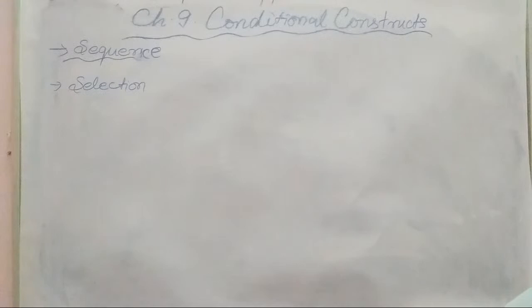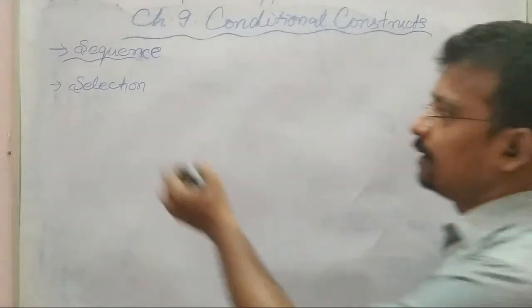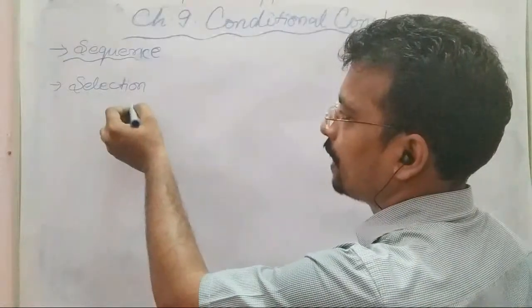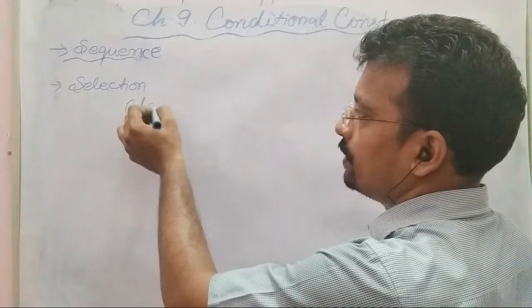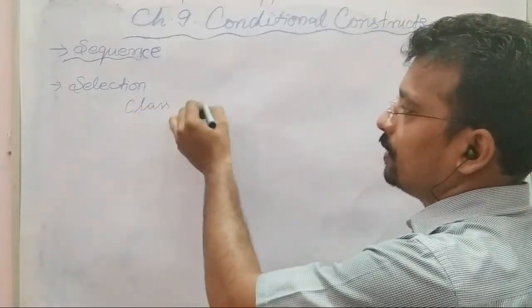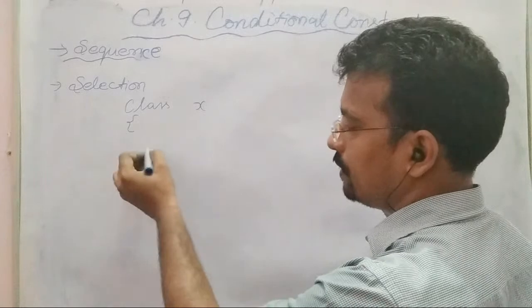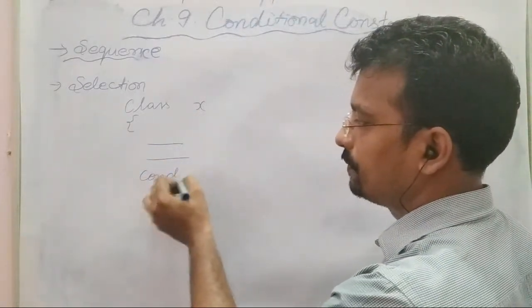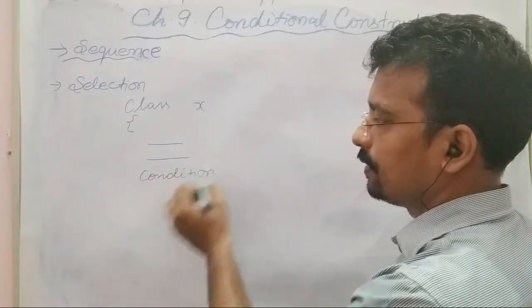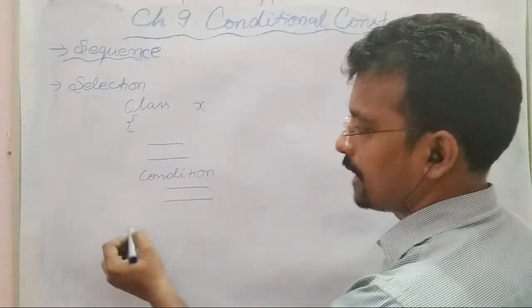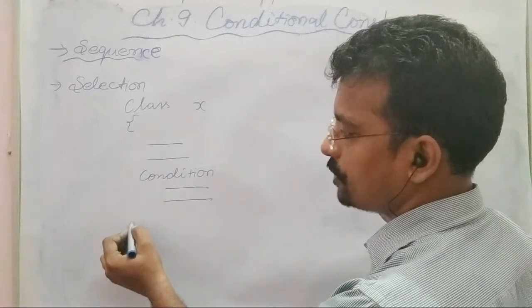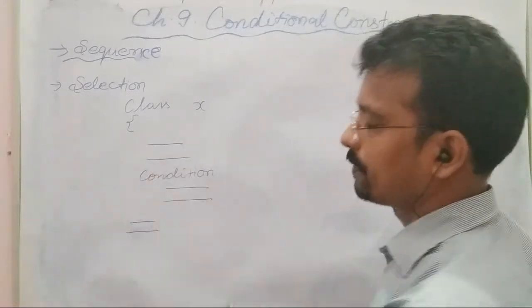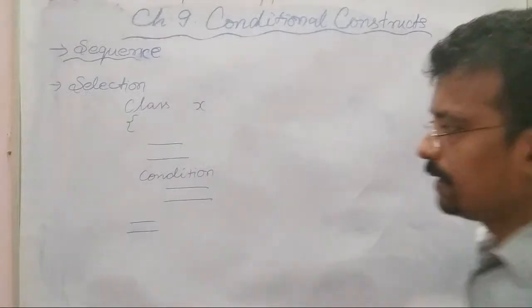For example, if I am taking a program, I show you. This is one statement, this is one statement, here is one condition. This is the condition block and this is the out of condition block. Okay?